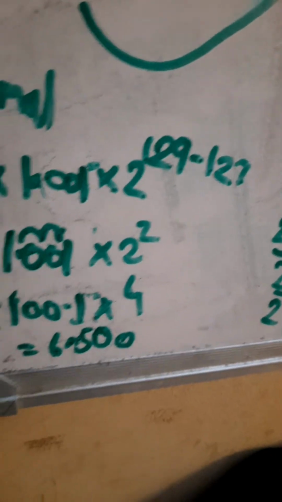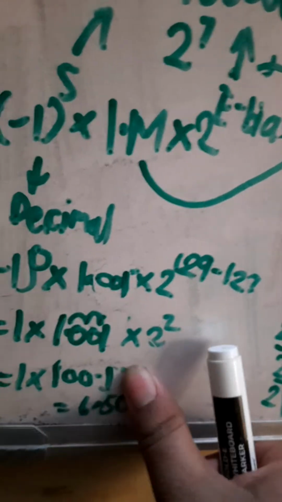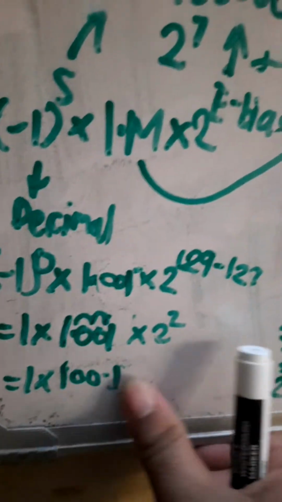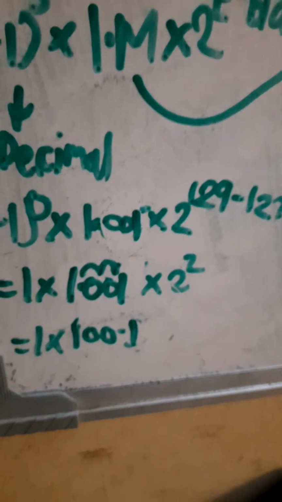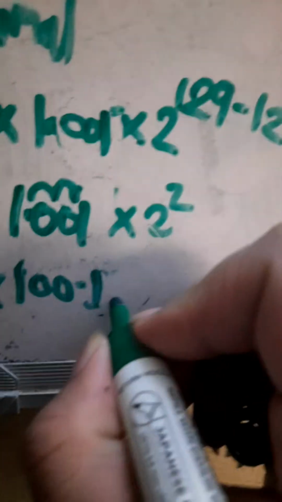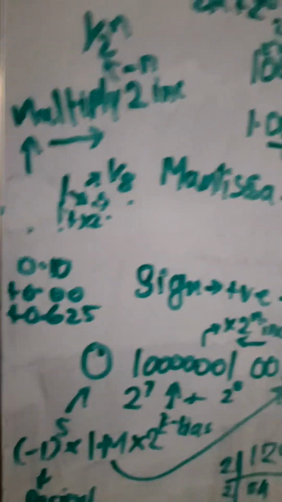Now I have 100.1, so this part goes away. Now I have to convert this into decimal, and to convert this I have to multiply by 2 raised to minus n. So this is 0.1 right now. This is 1, so this is 2 raised to minus 1.